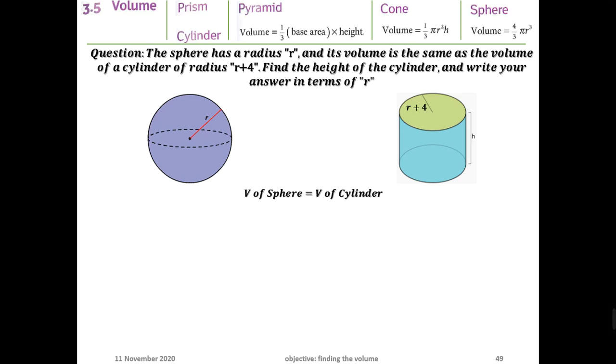It's 4 over 3 pi r cubed, and the volume of the cylinder is actually equal to the area of the base, or of the circular base, which is pi r squared, and since the radius is r plus 4, it's going to be pi in brackets r plus 4 to the power of 2 times the distance between the two opposite identical circular bases, which is h.